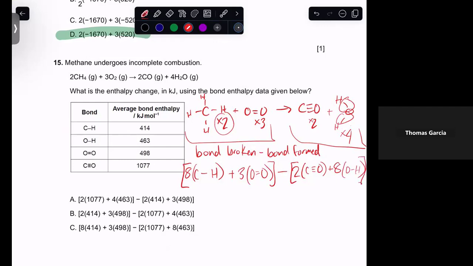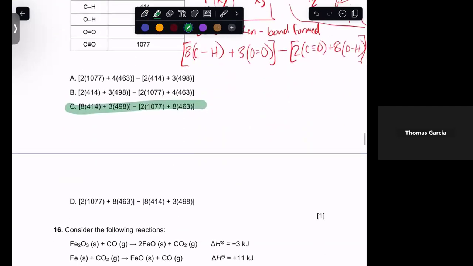So what we're looking for is something that follows this formula. When I plug these values in, I see 8 C-H right here, here, here, and here. So I know my answer is C. I'm just taking the values from the chart.